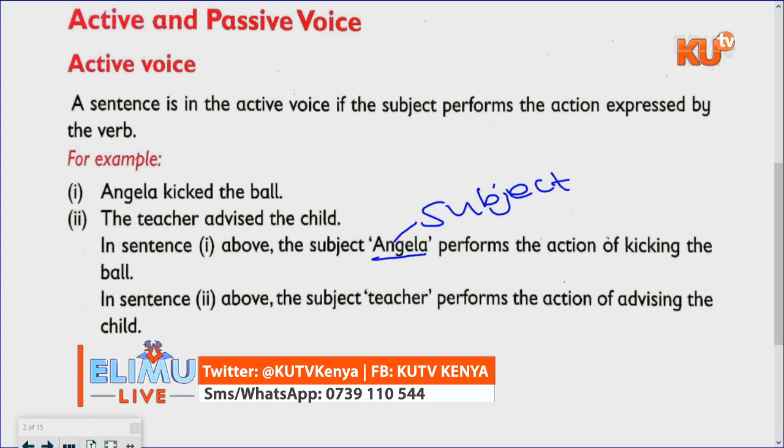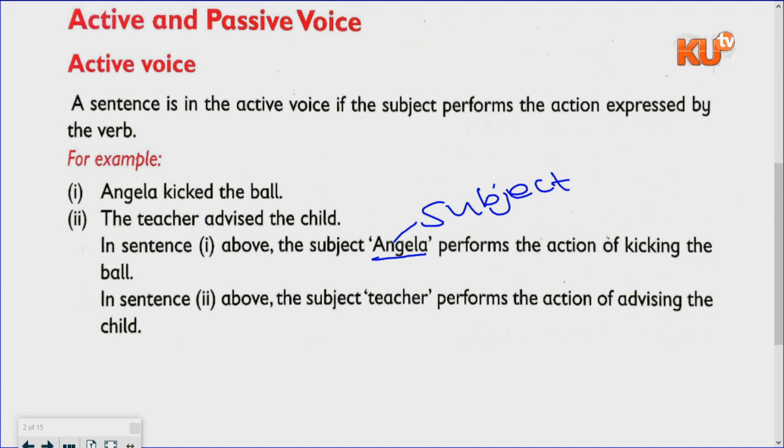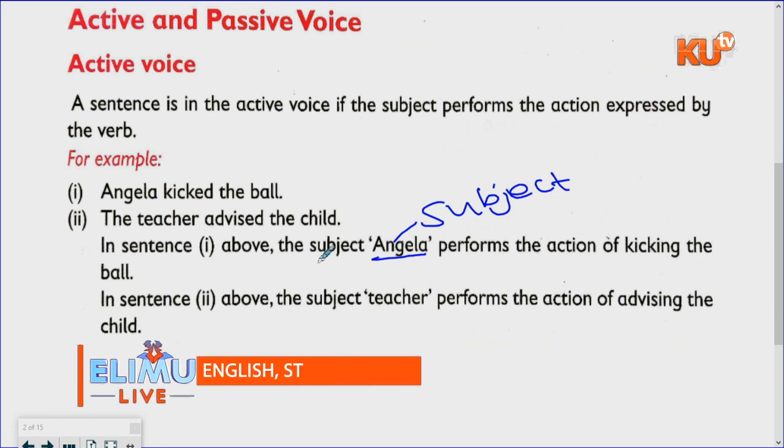The subject of that sentence performs the action of kicking the ball. In sentence 2 above, the subject is teacher. Teacher is the subject of that sentence. The teacher advised the child. He performed the action of advising the child. So the child there is the object.